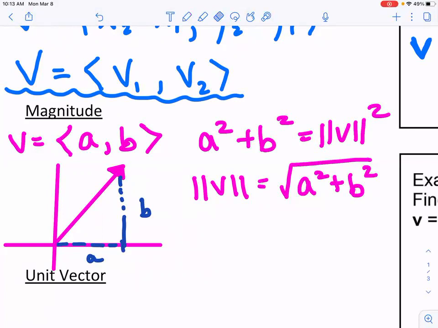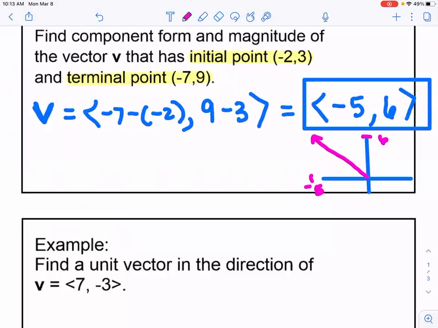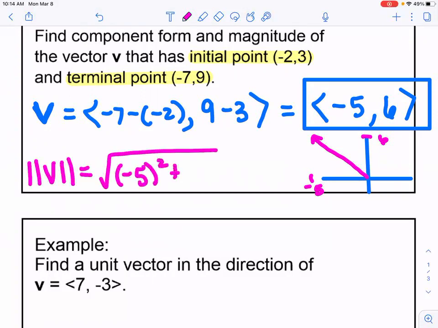Okay, so let's come over here to our example. We have our vector v is -5, 6. So if I want our magnitude, then we're just going to take the square root of a squared plus b squared.